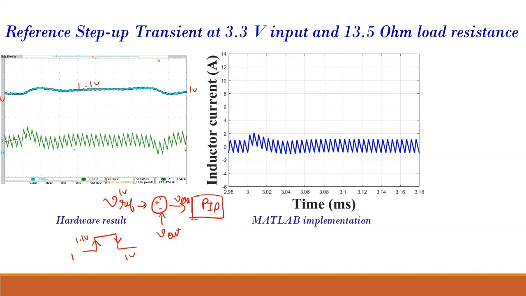This is your Vref, which corresponds to your output voltage. So initially output voltage was 1 volt, then it becomes 1.1 volt. Suppose your load is still 13.5 ohm. So in this case, your load current is approximately 70 milliampere, while in this case, your load current will be approximately 77 milliampere.